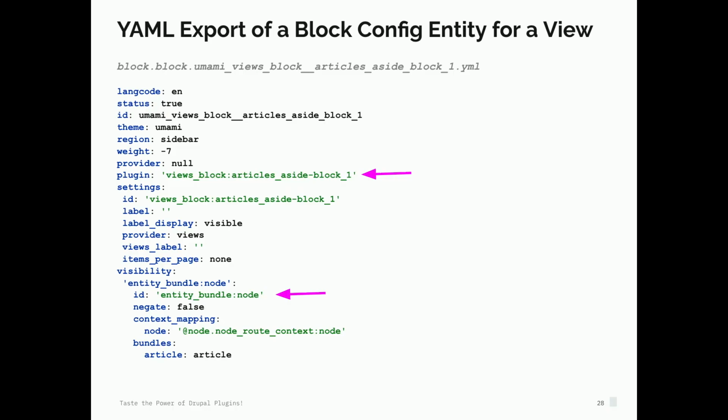And then, of course, you see the settings below that, which are actually the configuration values passed into the block. And then there's even another plugin reference down below, which has to do with the visibility, and it's using the entity_bundle:node plugin to control the visibility of the block. And that, again, is a derivative, right? So essentially, there's going to be a derivative for every entity type in the system.